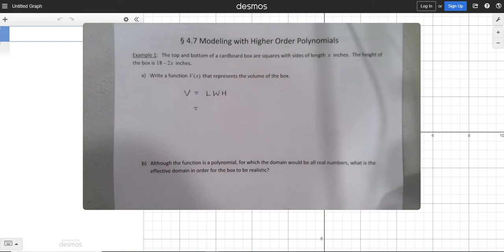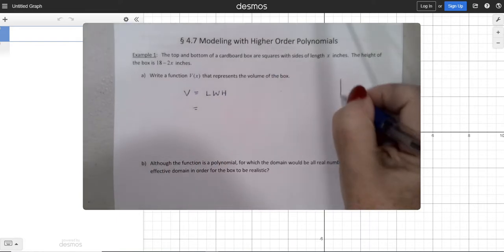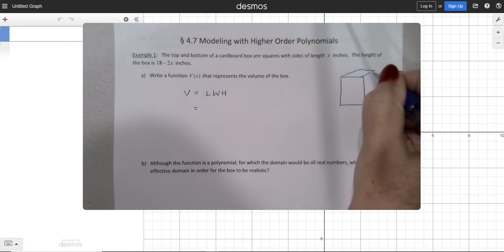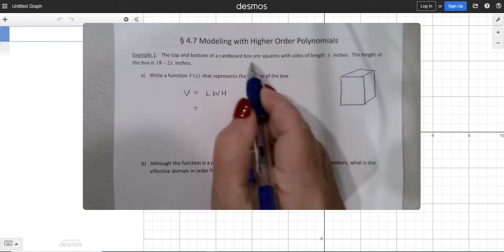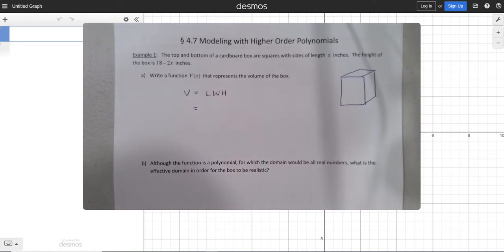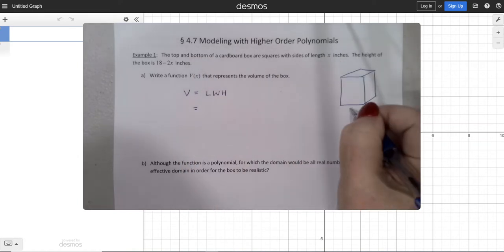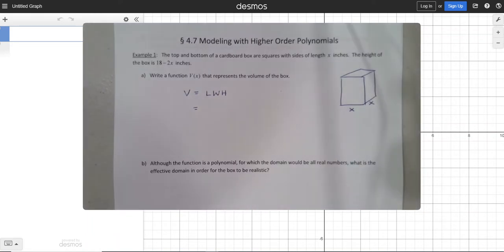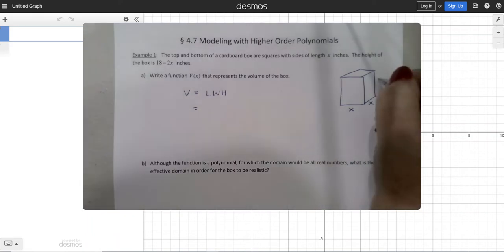And in this case, if I think about my little box here, it says the top and bottom are squares with sides of length x. So that's an x by x square. And the height is 18 minus 2x.